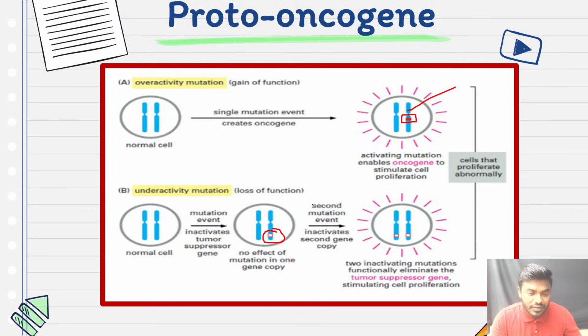If it wants to lose its function completely, friends, we have understood very clearly the two copies of the genes have to be mutated compulsorily. That is exactly what we can call the underactivity mutation as well as the loss of function or a recessive function.